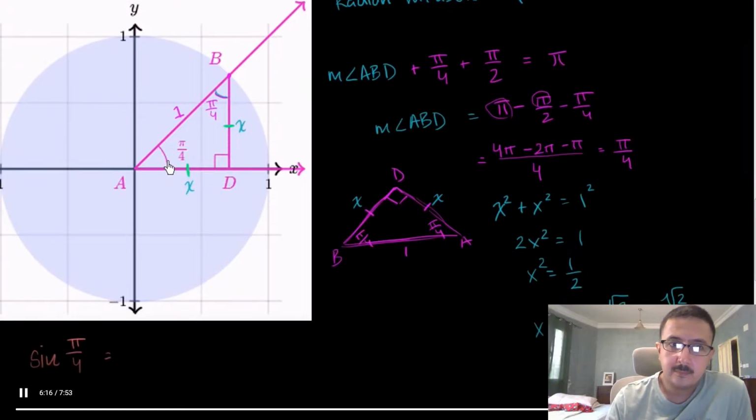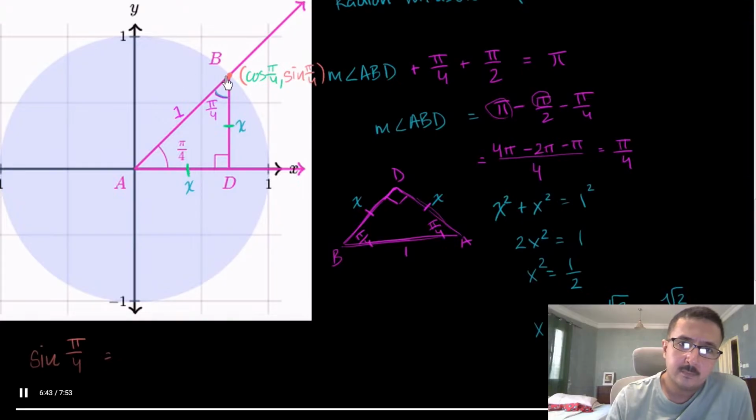And this angle, this pi over 4 radians, is forming an angle with the positive x-axis, and where its terminal ray intersects the unit circle, the x and y coordinates of this point are what specify the cosine and sine. So the cosine of pi over 4 radians is the x-coordinate, and the sine of pi over 4 radians is the y-coordinate.